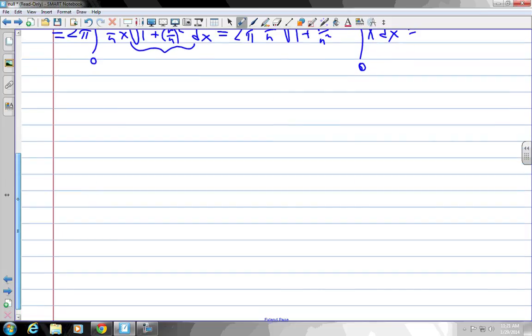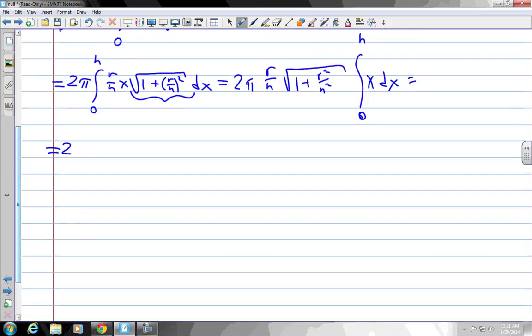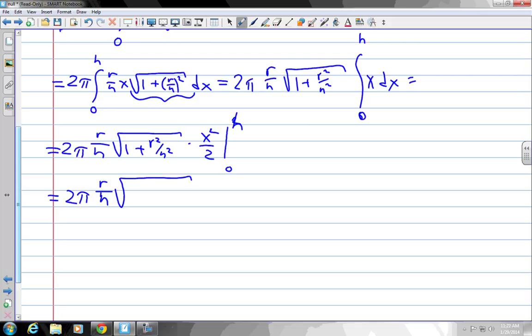So many things will cancel. We're going to make it pretty. It's not pretty yet. It's x squared over 2 evaluated from 0 to h. So you get 2 pi r over h, the square root of 1 plus r squared over h squared, times h squared over 2.